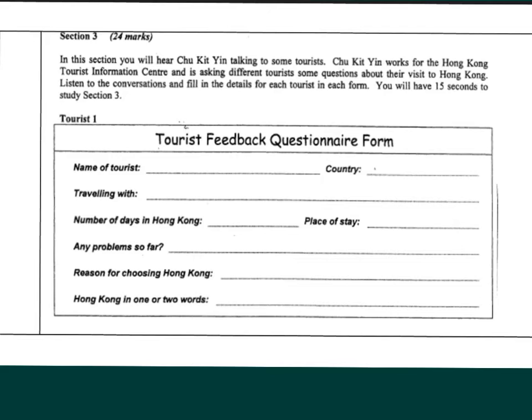Tourist 1. Hello. I wonder if you could answer some questions for me. Oh, okay. First of all, could you tell me your name? Oh, it's Ngoi Lang Hoing. Do you want me to spell that for you? Yes, please.